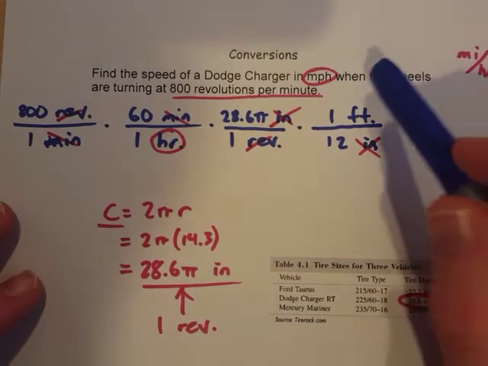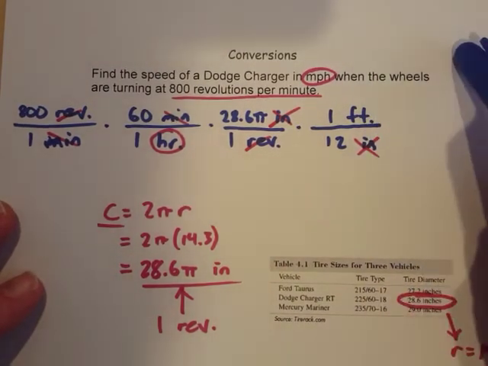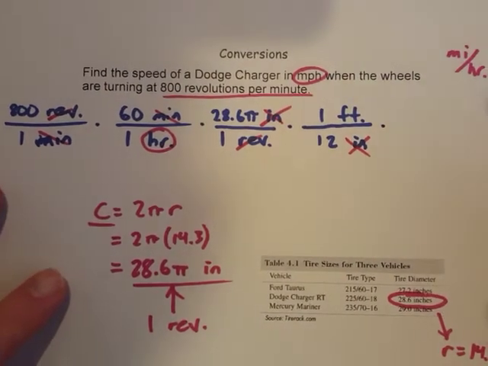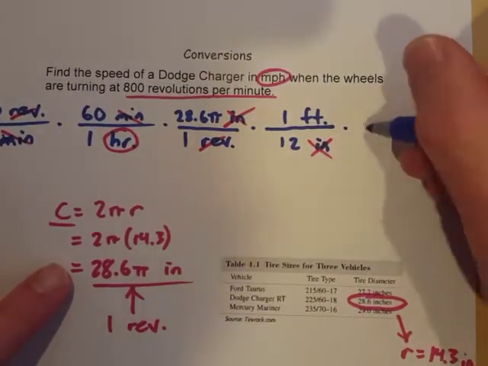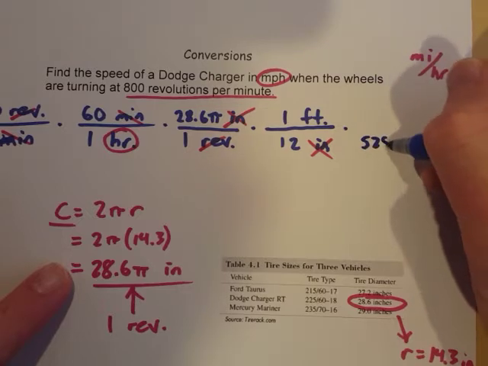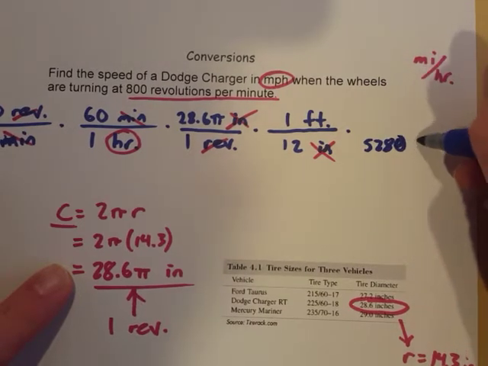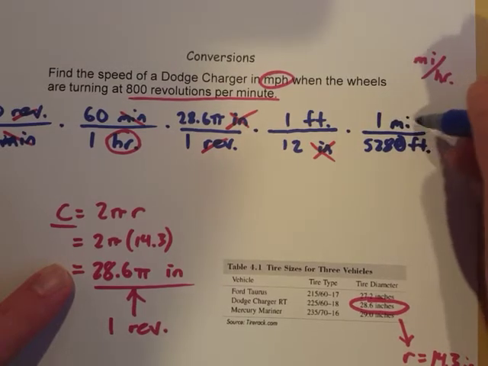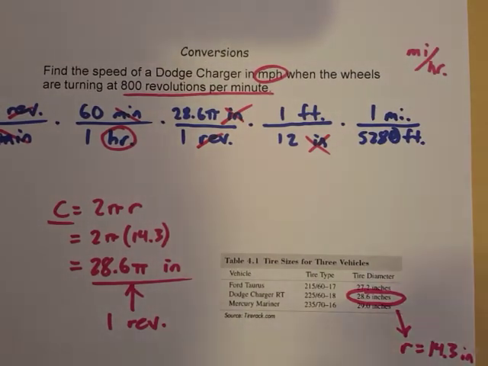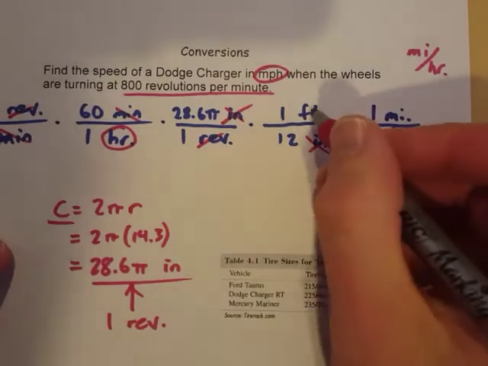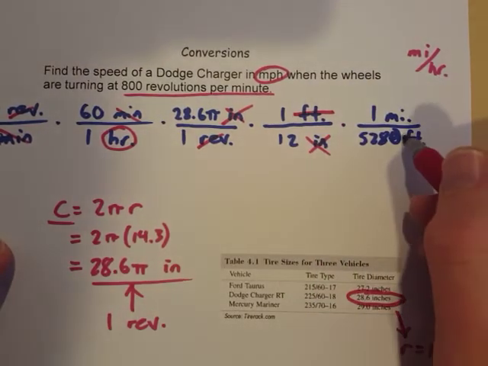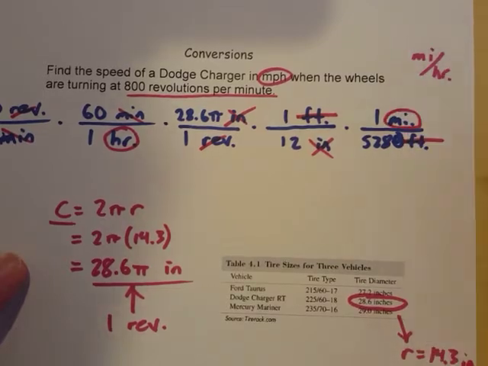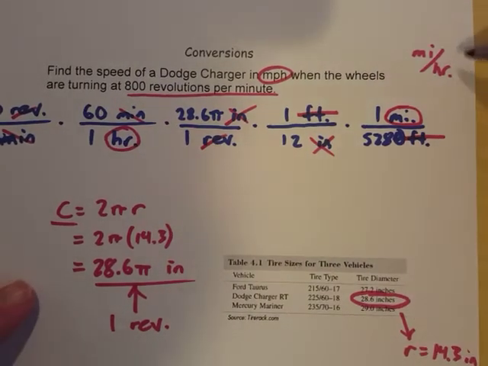Then I want to go from feet to miles, and so that's going to be my last fraction, kind of like we did in the last one. Feet to miles, 5,280 feet on the bottom in 1 mile. Okay, so again, feet can be taken care of. Feet are gone, leaving us with miles on the top, and that's really what we're looking for. That's the end goal from this one.